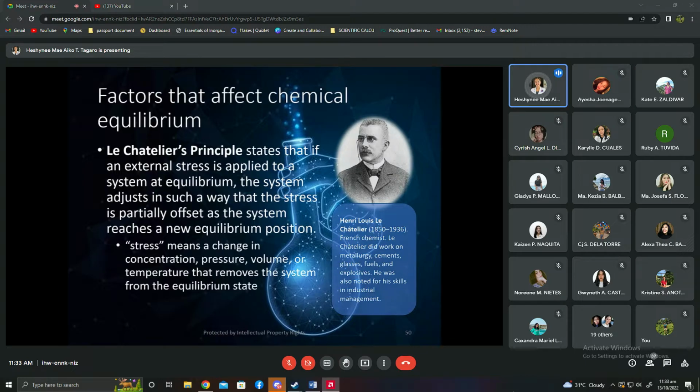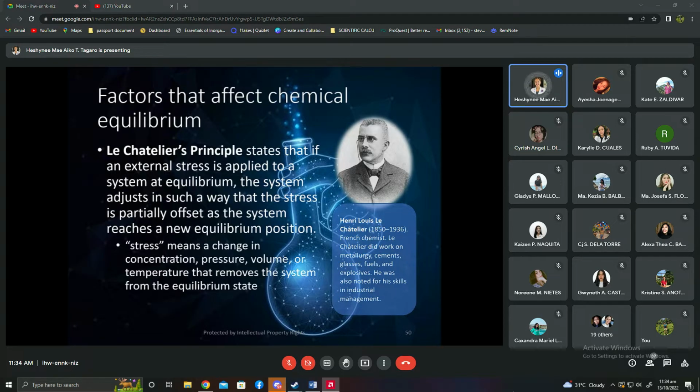There is a general rule that helps us predict the direction in which an equilibrium reaction will move when a change in concentration, pressure, volume, or temperature occurs.